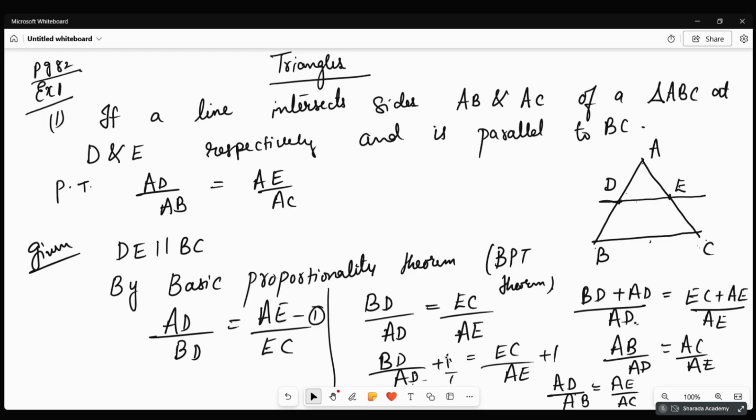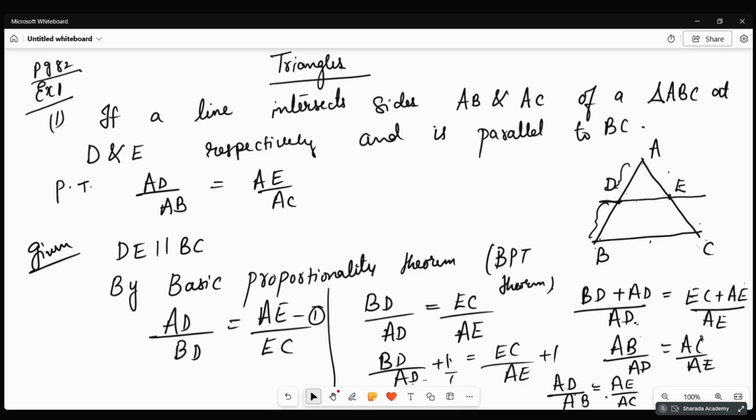If you don't understand, just take the LCM. So BD plus AD by AD is equal to EC plus AE by AE. BD plus AD is equal to AB by AD, that is equal to AE plus EC, which is AC, by AE. So take the reciprocal, you will get AD by AB is equal to AE by AC.